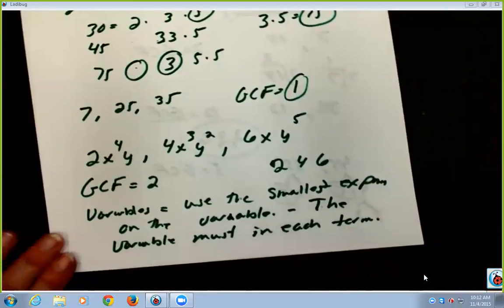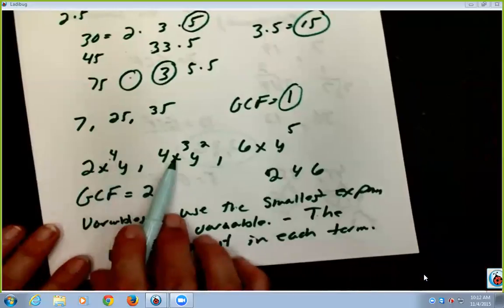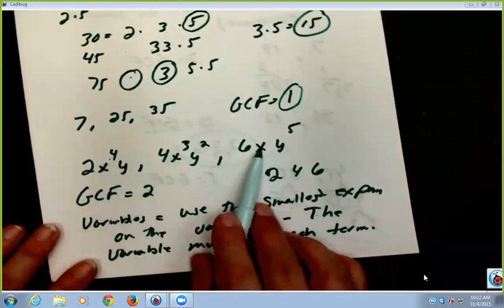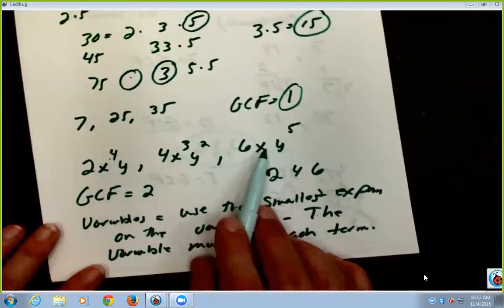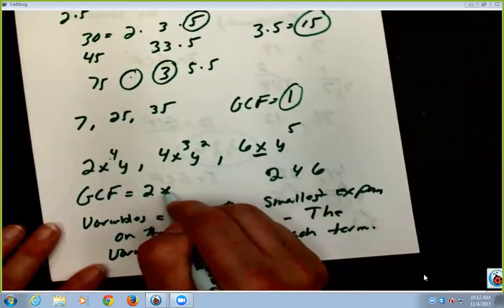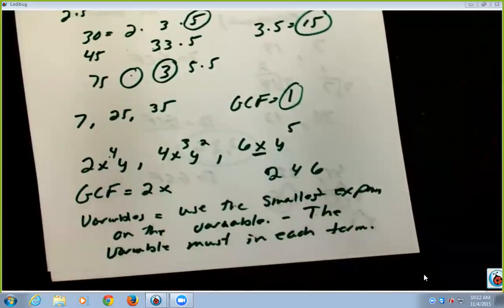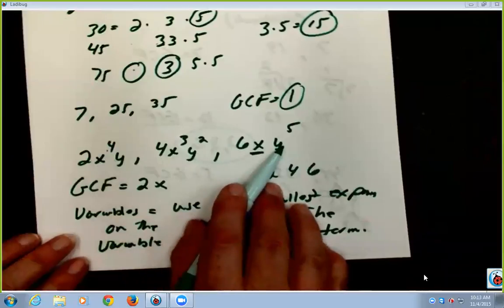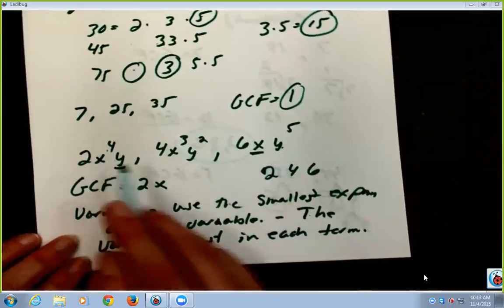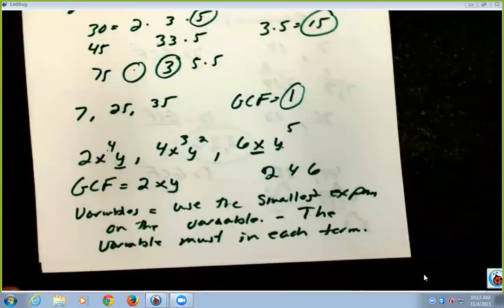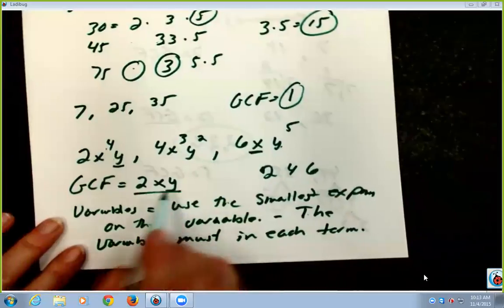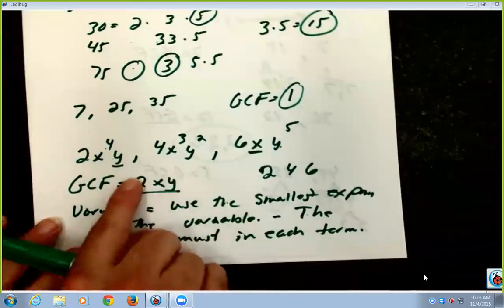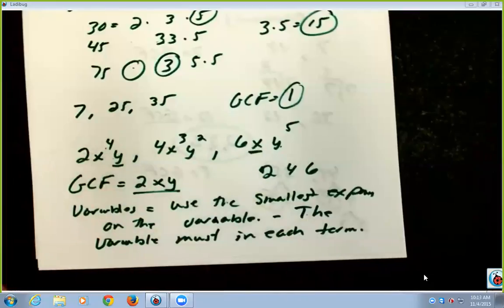So if I look at my x's, I have x to the 4th, x to the 3rd, and an x. So the only thing I can pull out is the smallest one. So I can just remove an x. Okay, we good there? A y squared, and a y to the 5th. So the smallest y I have is just a single y. And this is my greatest common factor. This is the only piece that's in common to all 3 of those. Okay or not okay?